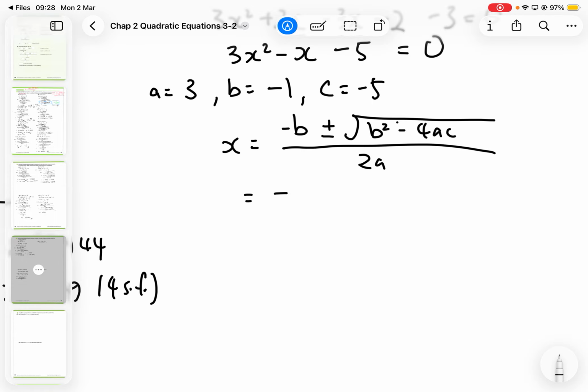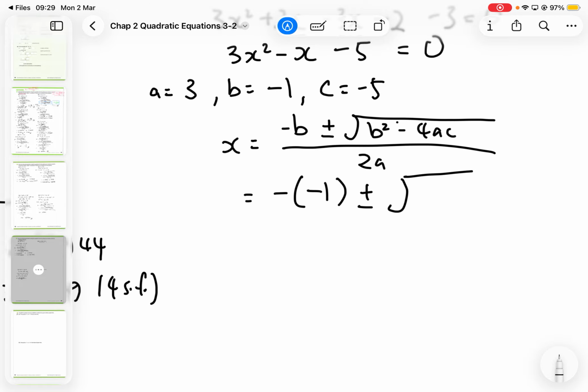I want to change b, so I put b inside a bracket. And what is b? b is -1. So the minus of b is the minus of -1. So we always substitute with a bracket to make sure that the number of negative signs are correct.